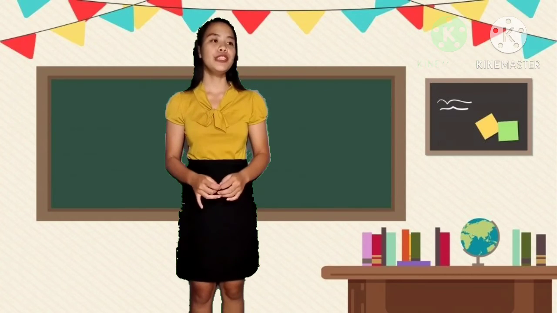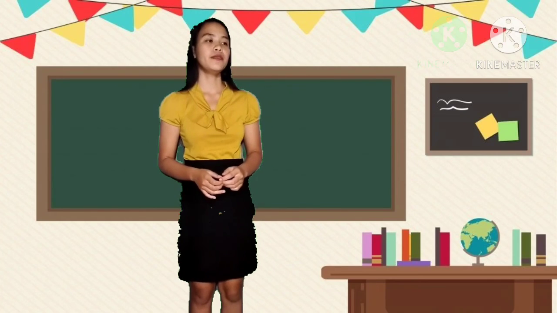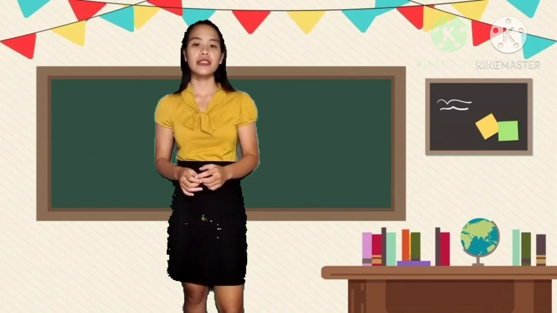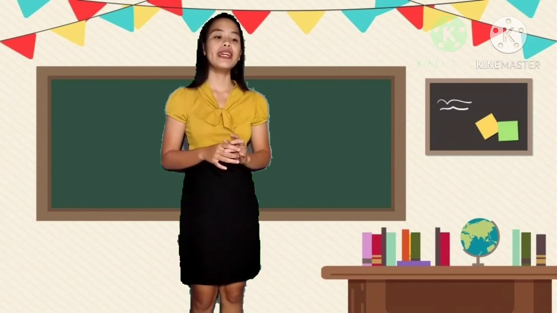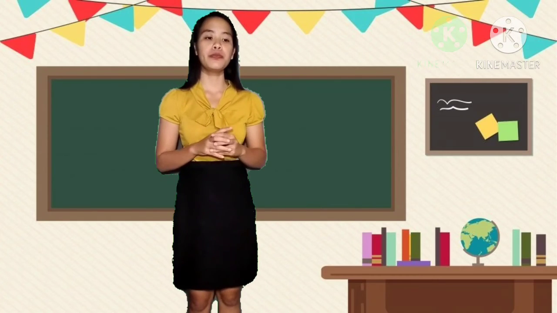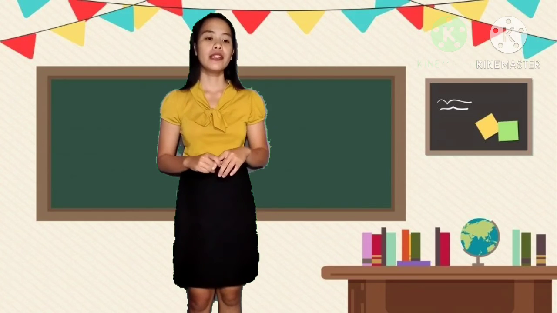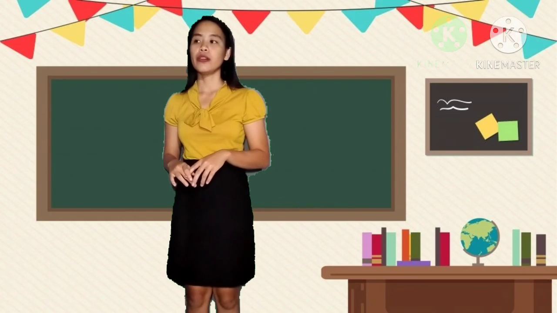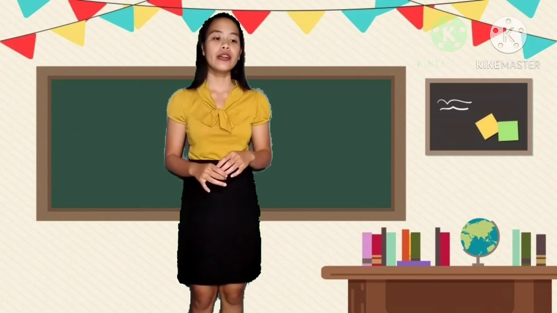So everyone is finished now. Please pass your paper forward. And I will check this. So well done everyone. Now you have learned the four spheres. So for your assignment, each group will make a song or a poem related to the Earth spheres. You may select only one sphere.